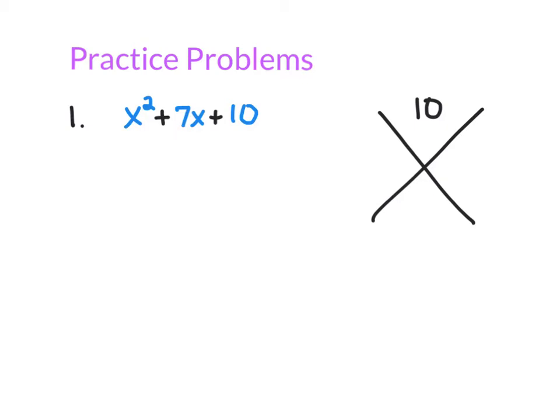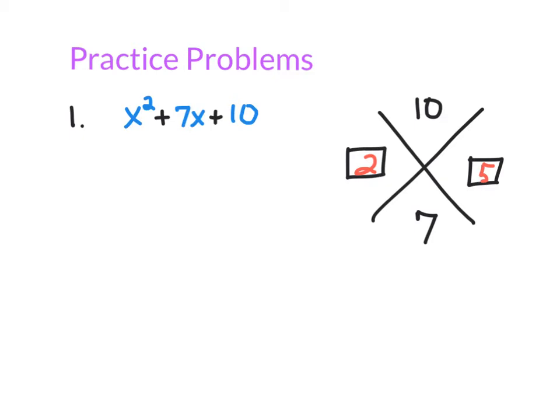So we're just going to write 7. Okay, so what are the numbers that multiply to equal 10 and add up to equal 7? Well, the factors of 10 are 1 times 10 and 2 times 5. And 2 and 5 equal 7. So we would put 2 and 5.